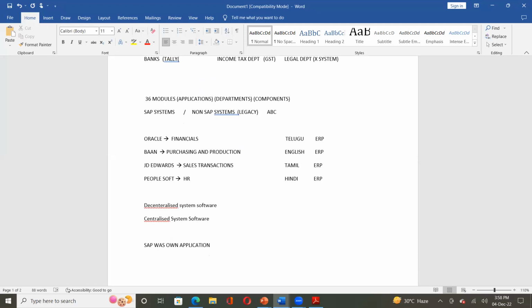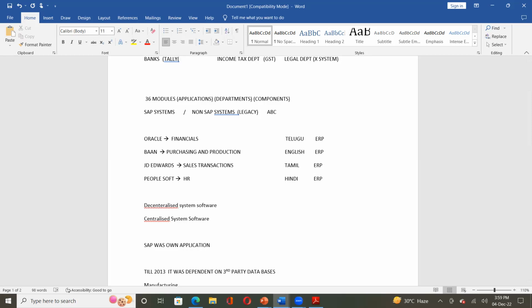So SAP, even though it was most popular and most powerful from 1972 till 2013, was dependent on third-party databases, right? This is more powerful, right? If I'm doing something, I need to store it somewhere.